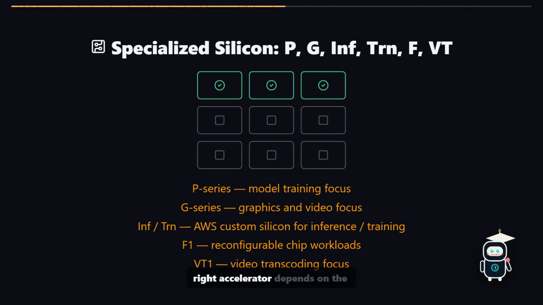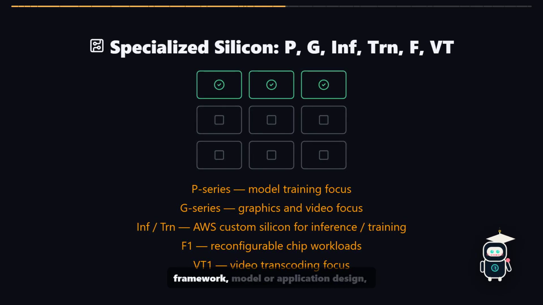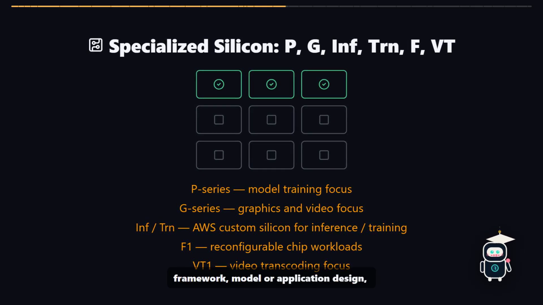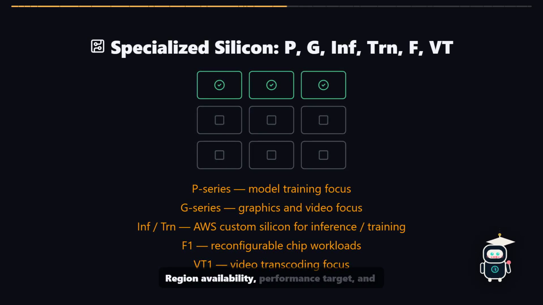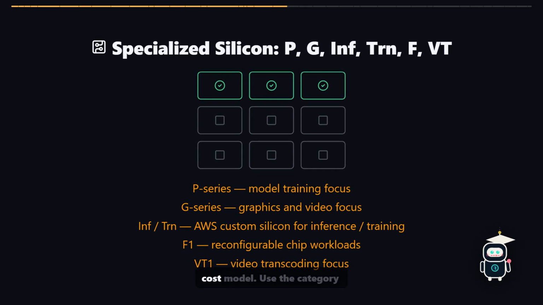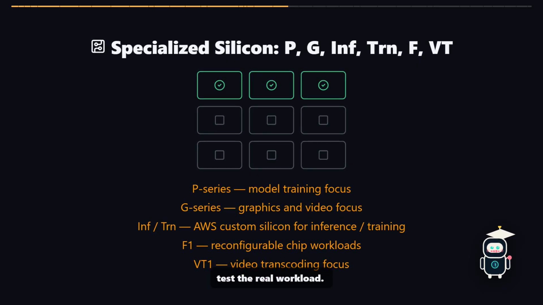The right accelerator depends on the framework, model or application design, drivers, compiler support, operating system, region availability, performance target, and cost model. Use the category to narrow the search. Then test the real workload.